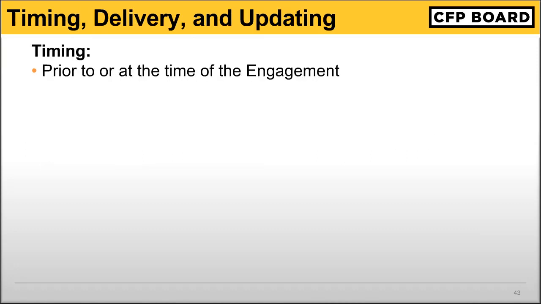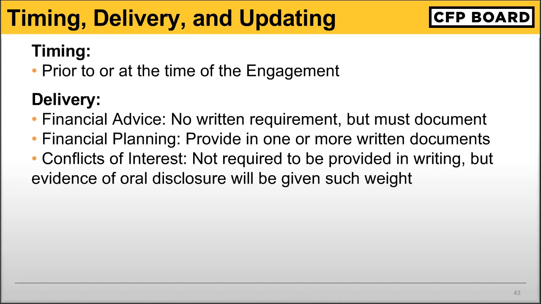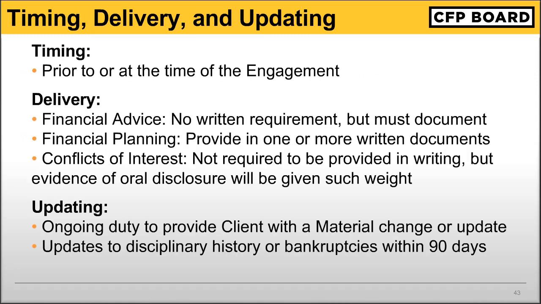With respect to timing, delivery, and updating, you provide the information prior to or at the time of the engagement. This language mirrors the instructions for investment advisors when delivering the Form ADV Part 2 brochure. On the delivery side, all this is in standard A10.